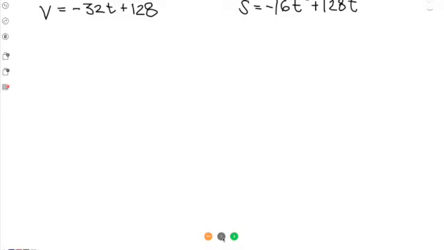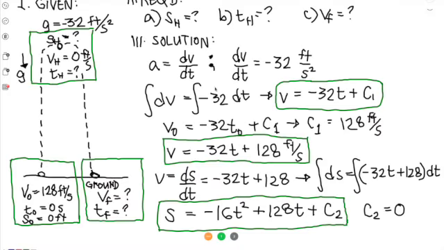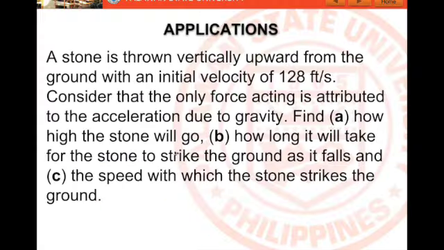Okay, so for that, first please let me correct something. So here at B, we're going to solve for this time. We need to solve for the time where the highest point is reached, but according to the problem, it's not really what we are looking for.